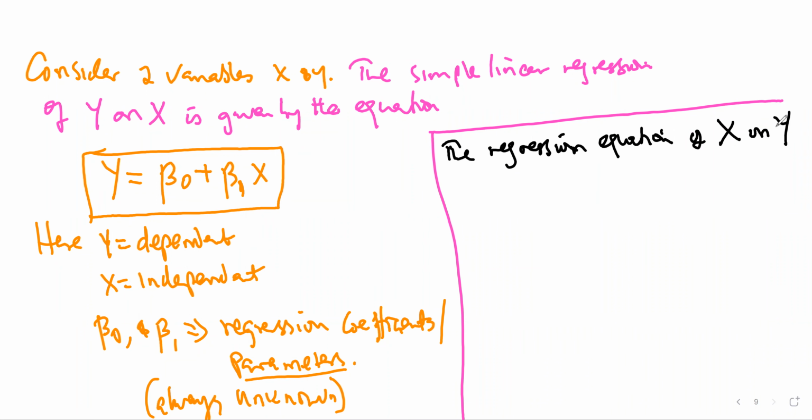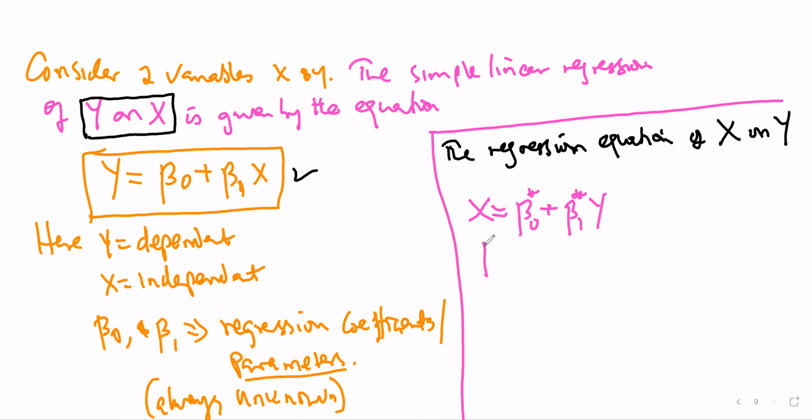I want you to see the difference. This is y on x. That is the equation. So the regression equation of x on y is given by, let's say x is equal to beta naught star plus beta 1 star times y. Beta naught star and beta 1 star are just some unknown constants.